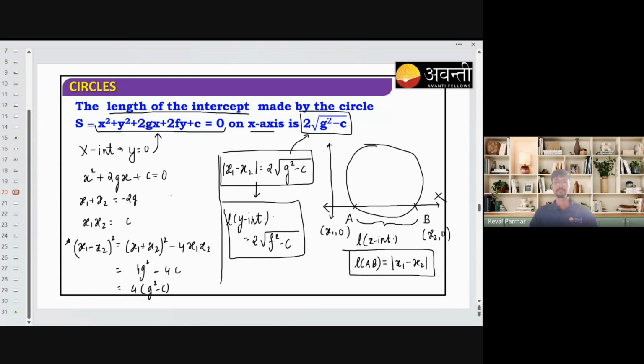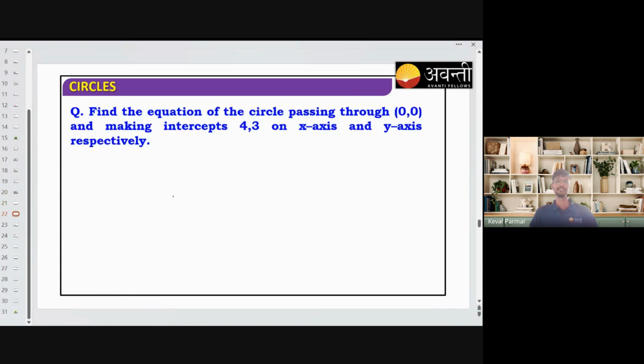Let's see. I think I should give you some chance, right? I'll give you some time to solve this. 2 minutes I'll give you. Please take your book and pen and paper, or wherever you're taking notes, and start solving. It is based on the same question we just did.